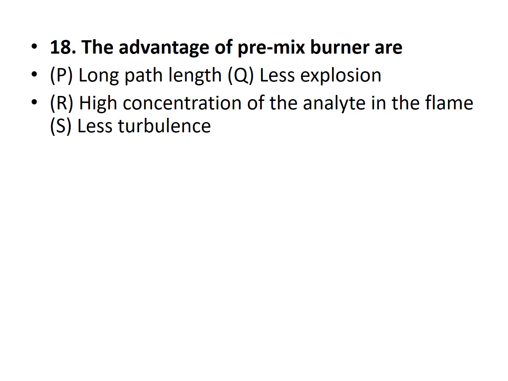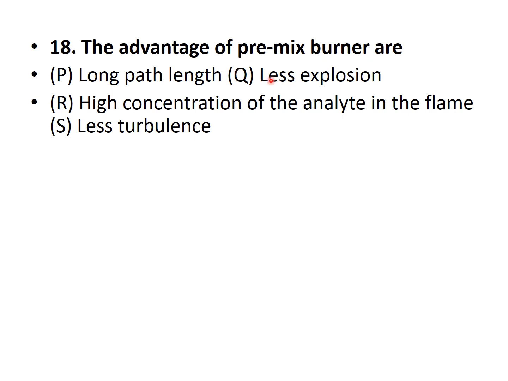Next question is regarding the premix chamber burner. The advantages of premix burners are, so here are different advantages. Let's see which are the right ones. P, long path length. Yes, in premix chamber burners the sample has to take a long path length. Q, less explosion.